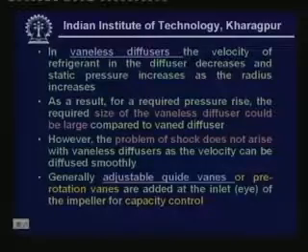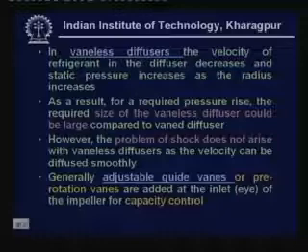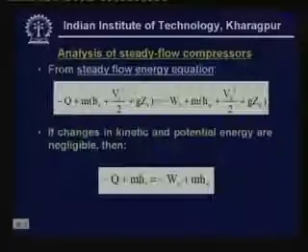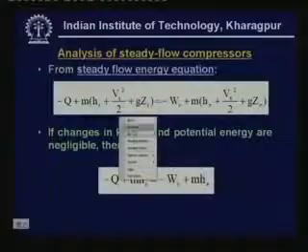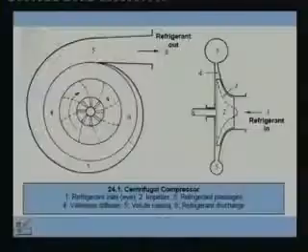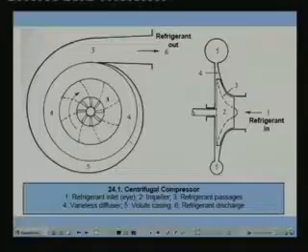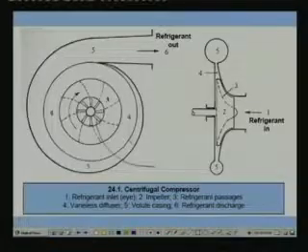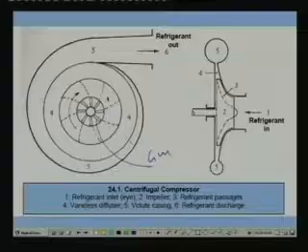Now the inlet can also have vanes, and these vanes are known as inlet guide vanes or pre-rotation vanes. What is the purpose of these pre-rotation vanes? The purpose is to control the capacity. You can see in this picture this is the inlet and you have the guide vanes here.